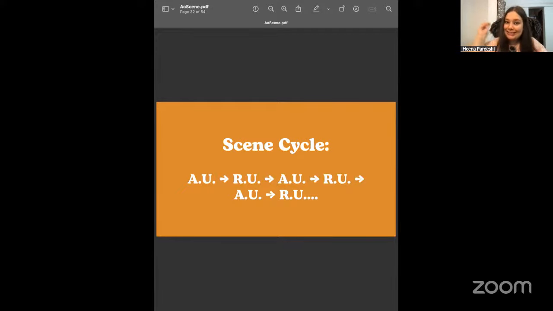Now it is making sense, right? This is the internal movement or the emotional breath after the push. Think of a reaction unit like the exhale. It gives the reader space to absorb the emotional and narrative impact of the action unit.